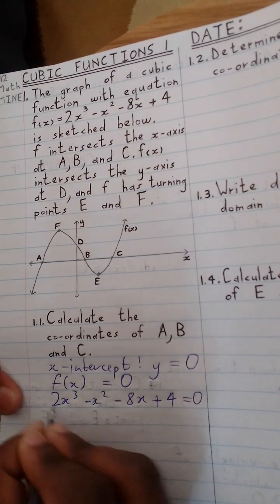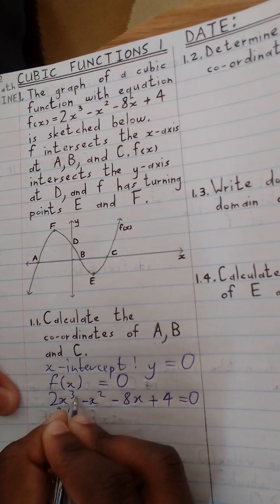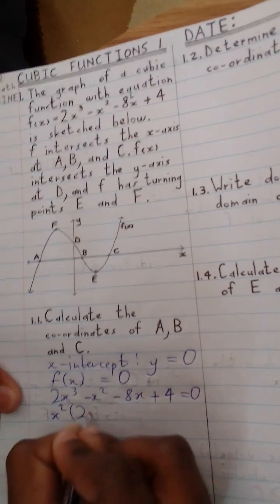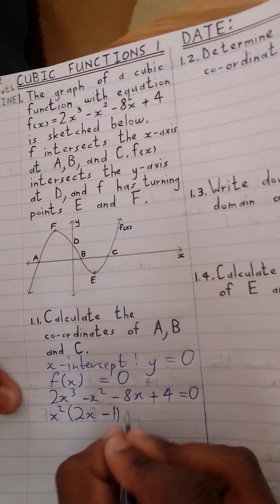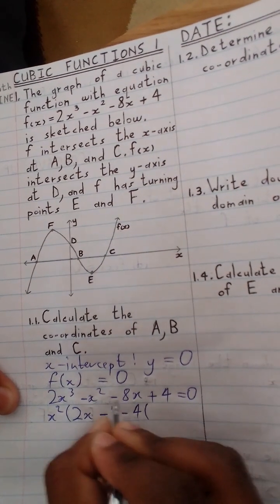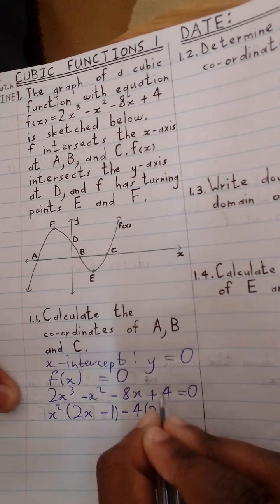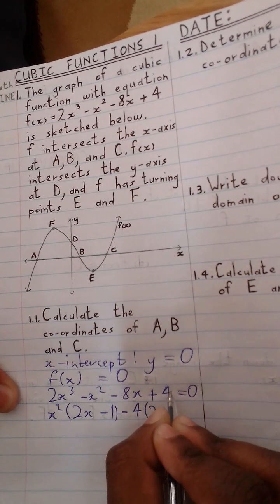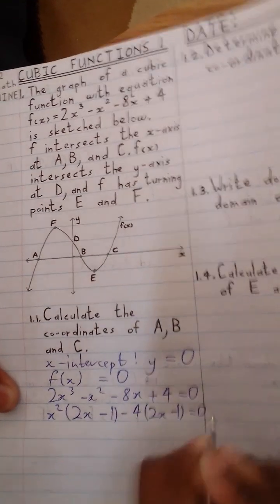Common factor in the first two is x squared: 2x cubed divided by x squared is 2x, minus x squared divided by x squared is 1. Common factor between these two is negative 4: negative 8x divided by negative 4 is 2x, positive 4 divided by negative 4 is minus 1.